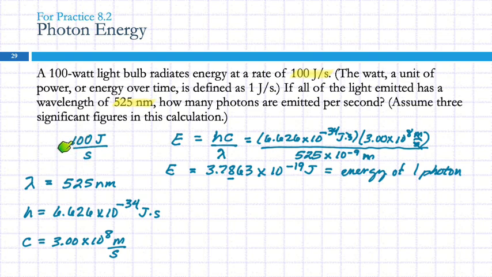I've got 100 joules per second, and it's asking how many photons would be emitted in 1 second. So I can start with 1 second, convert that to the number of joules, and then convert that to the number of photons. This is a conversion factor between joules and seconds, and this is between joules and numbers of photons.